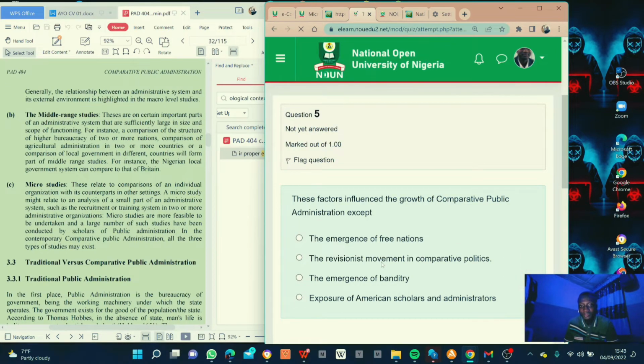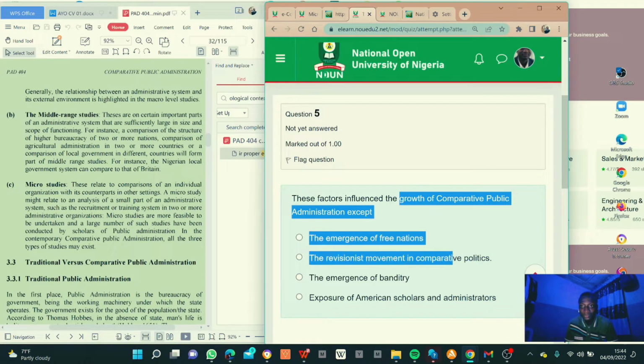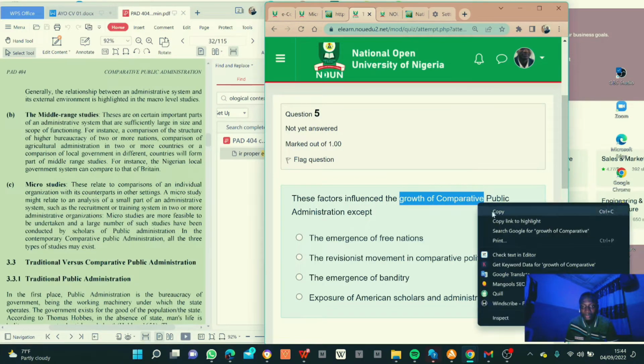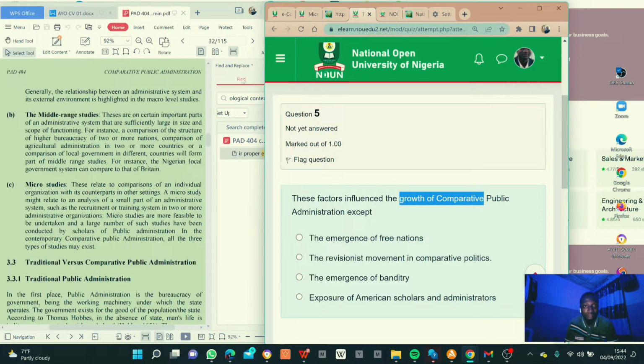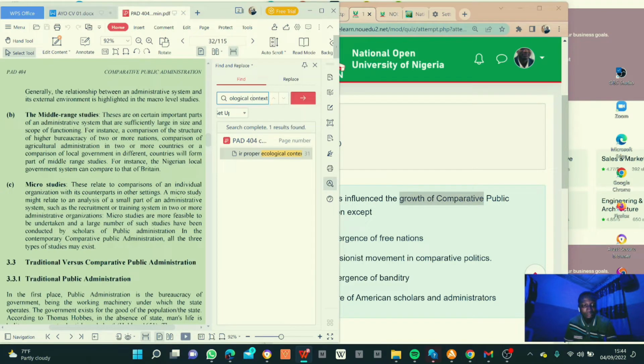It says these factors influenced the growth of comparative public administration, except. Let's use the keyword growth of. Let's see if there's anything like it.